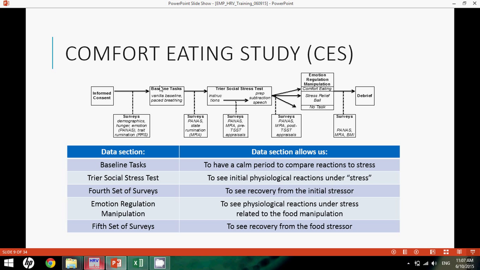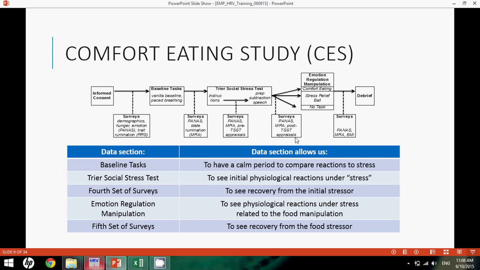From there, we'll quantify the baseline 5-minute period, and then there's an 11-minute true social stress test period where participants are doing an arithmetic task and then doing prep for a speech. So in total, this stress test is about 11 minutes. We'll quantify all 11 minutes of that within heart rate and blood pressure.